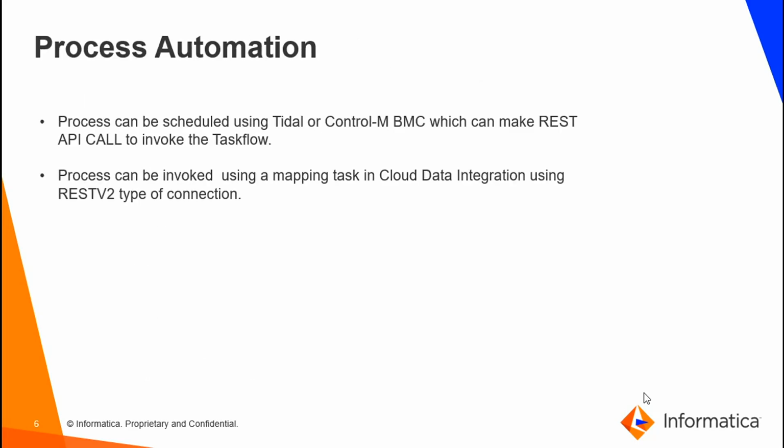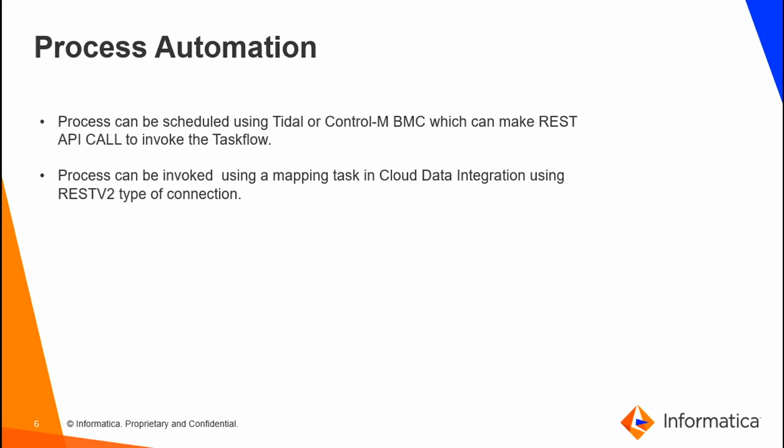Once that particular process is ready for you to invoke, we definitely can invoke it as a service URL either through a web browser or an API testing tool like Postman. But the main intention is not only testing this particular API, we also have to schedule it at enterprise level.